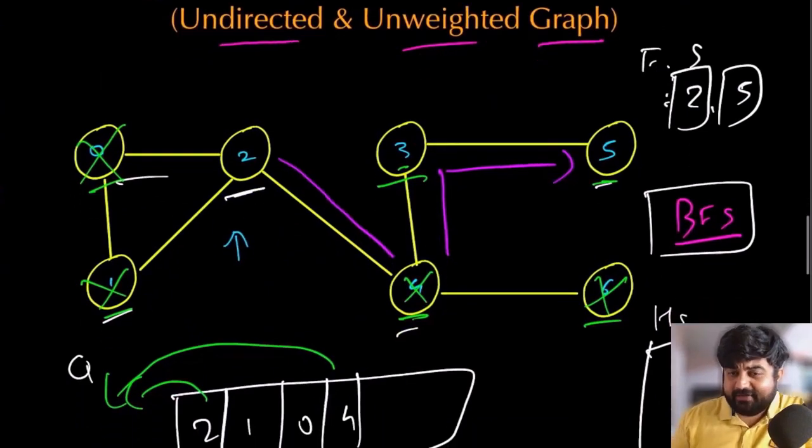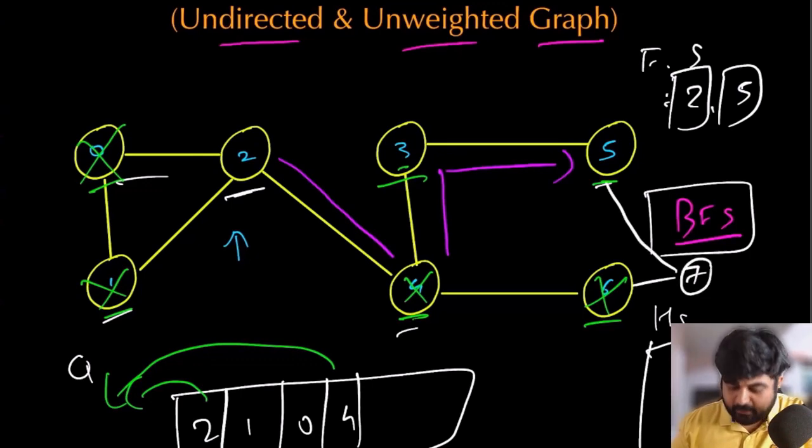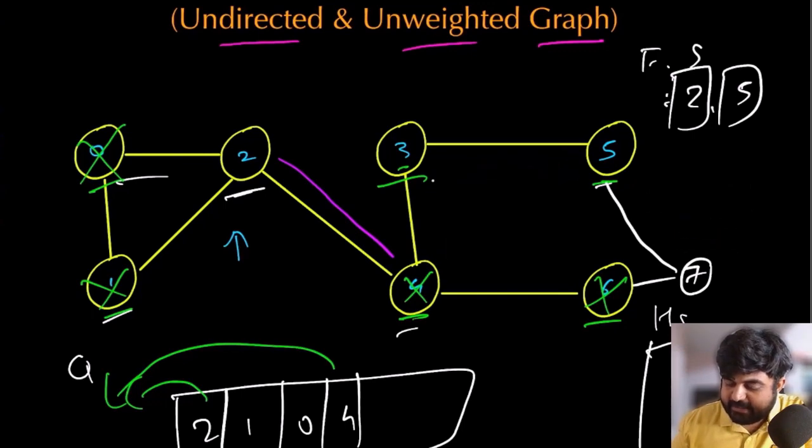Say for an example, if it happens that there exists another path as well, and suppose that path is that even from this 6 we have one more node, let's just say 7, and then this 7 is also pointing towards 5. Now there are two paths that lead us from value number 2 to value number 5.